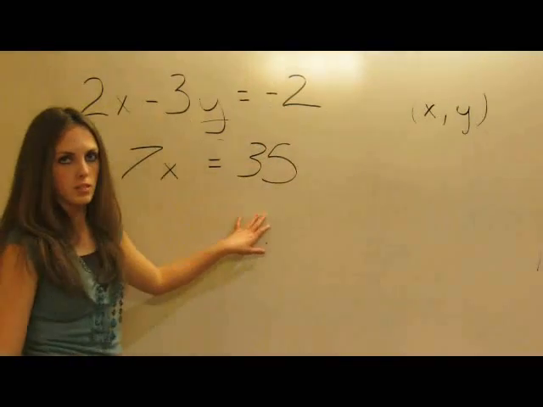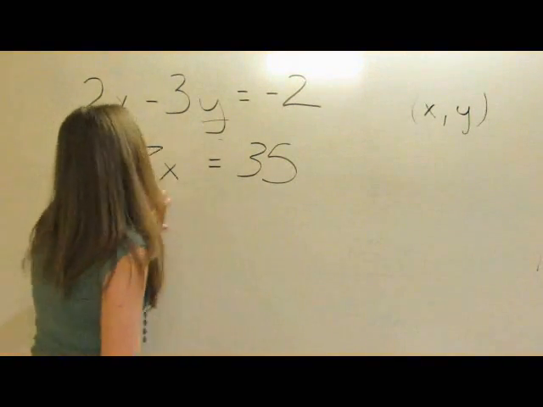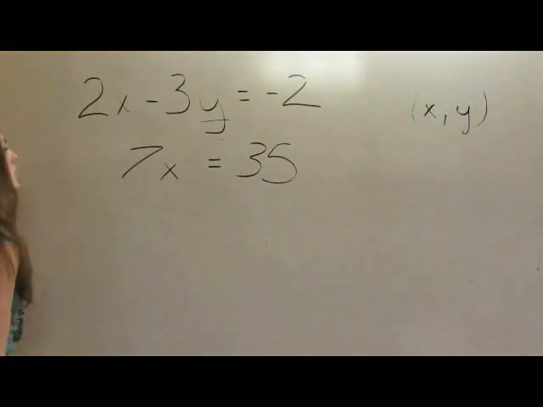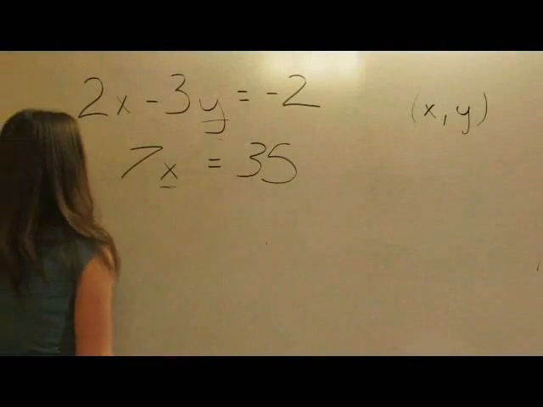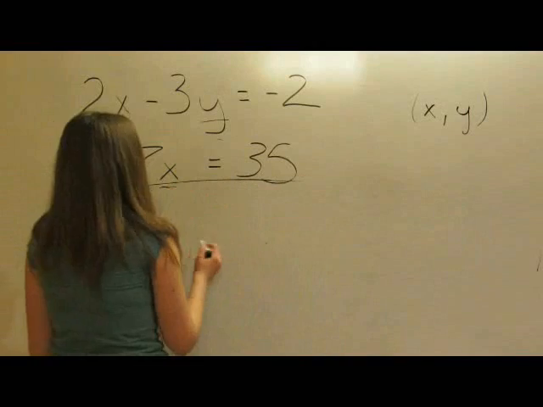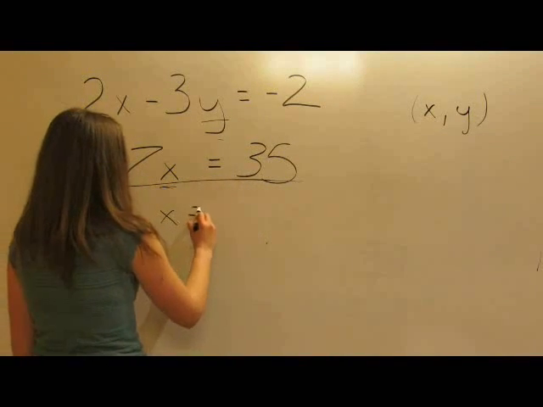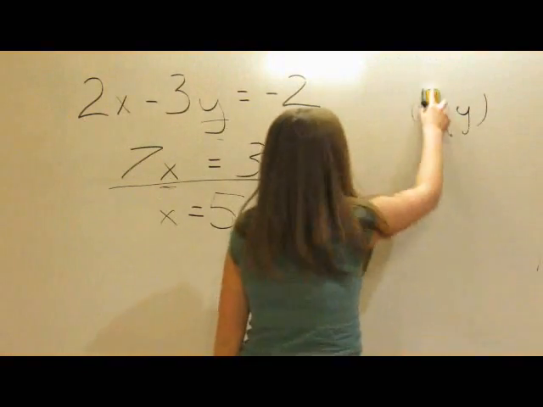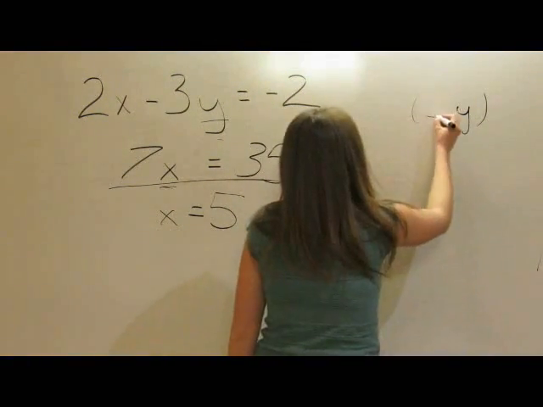Because negative 1 plus 36 is 35, and negative 36 plus 36 is 0. So now we need to isolate x by itself. To do that, we need to divide this entire thing by 7. That gives us x equals 5. So now we know that our x value in our solution is 5.